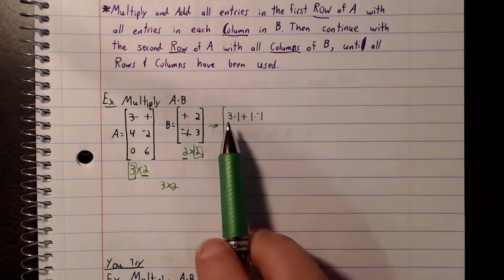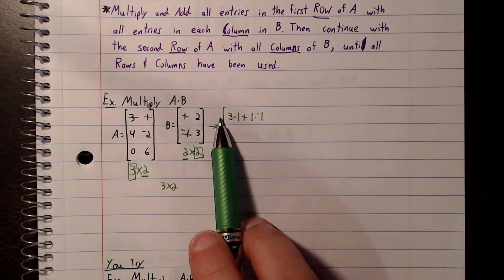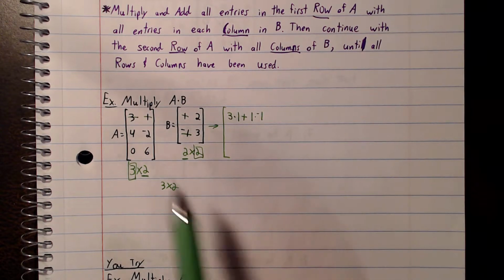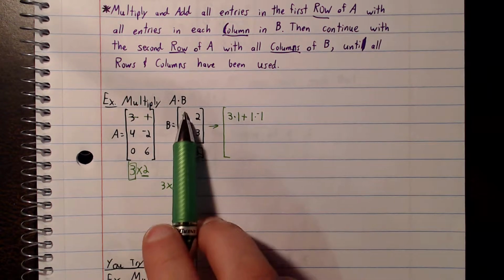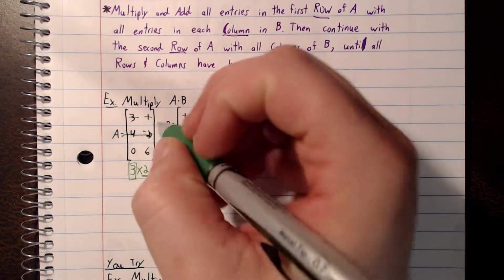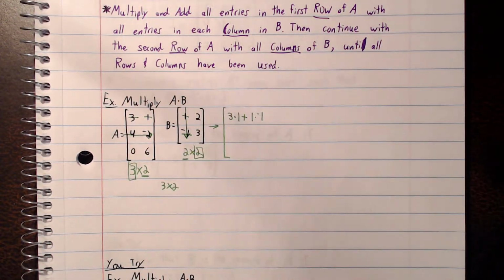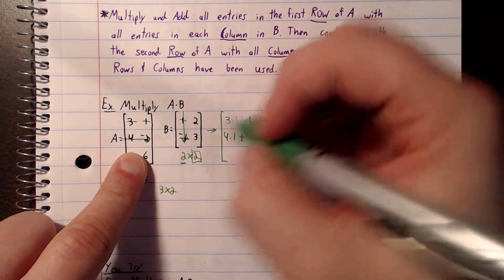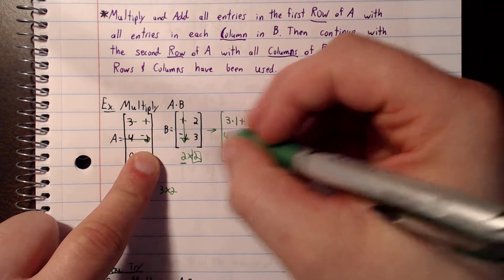That's what my first row, first column is going to look like. Now I need to do second row, first column. So I'm doing this row going this way, and then still the first column going down. So we've got 4 times 1 plus -2 times -1.